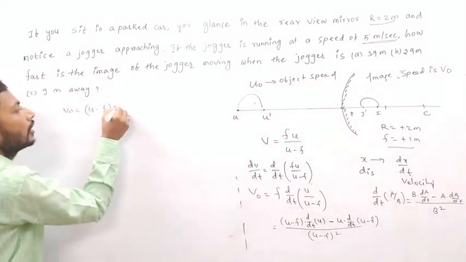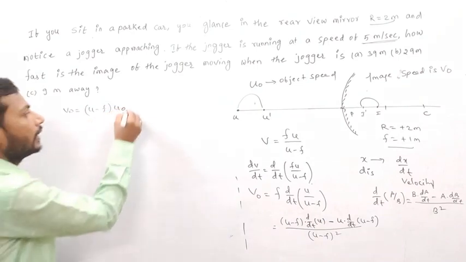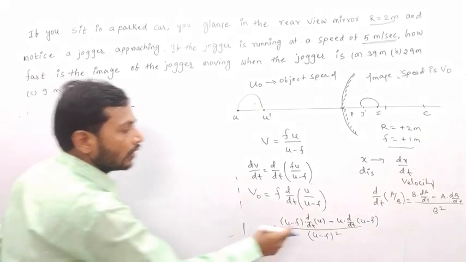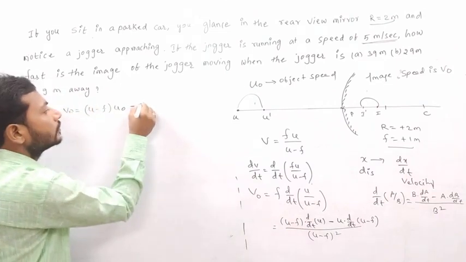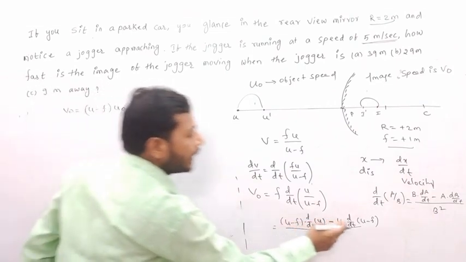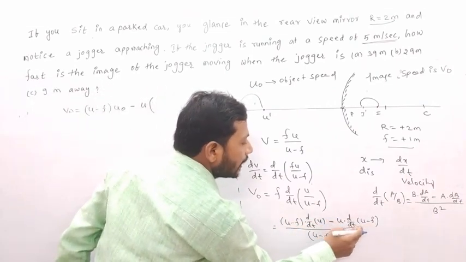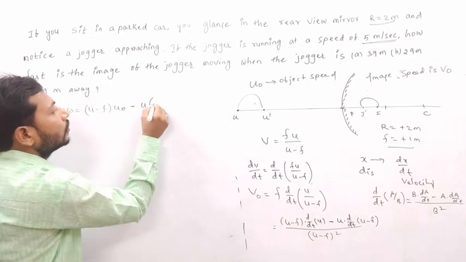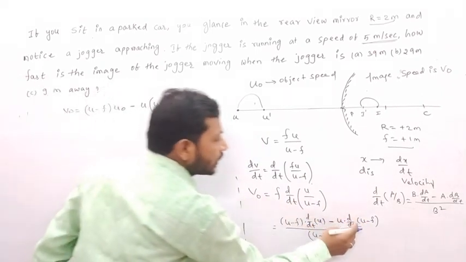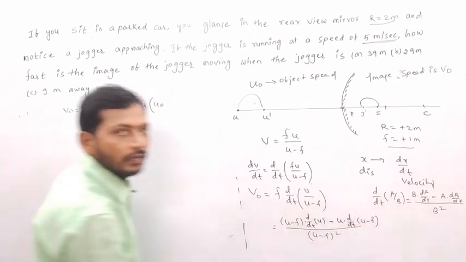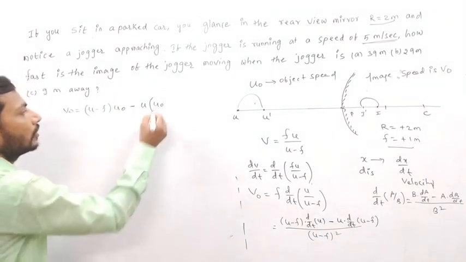I am writing here u naught, minus u into d by dt of u minus f, that is d by dt of u naught. The second thing is d by dt of f, for constant, that is 0.